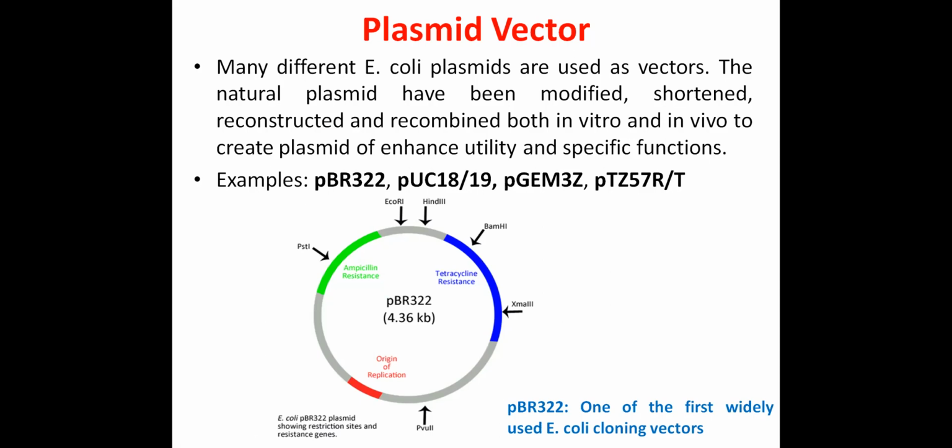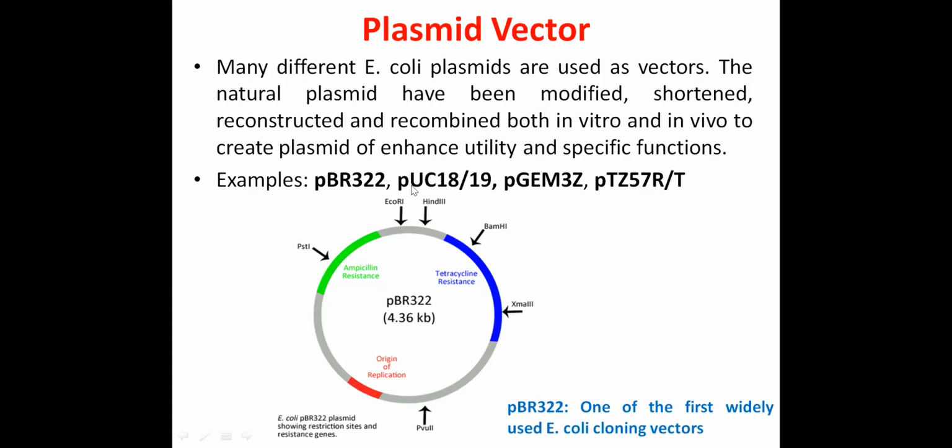Now this vector is not in use, because several other more advanced vectors with more utility have been developed. But some of its features, the origin of replication and the ampicillin resistance gene, are still used in other vectors like pUC18 and 19.